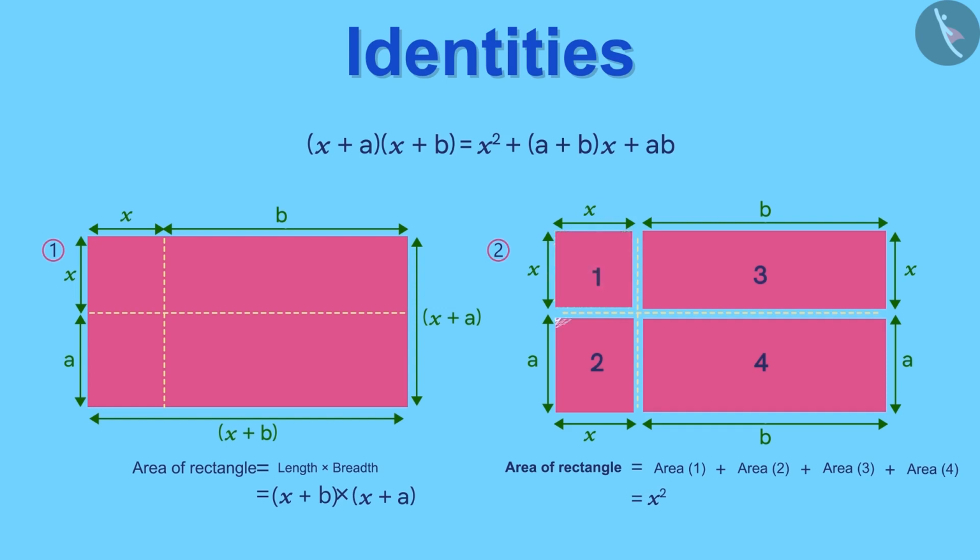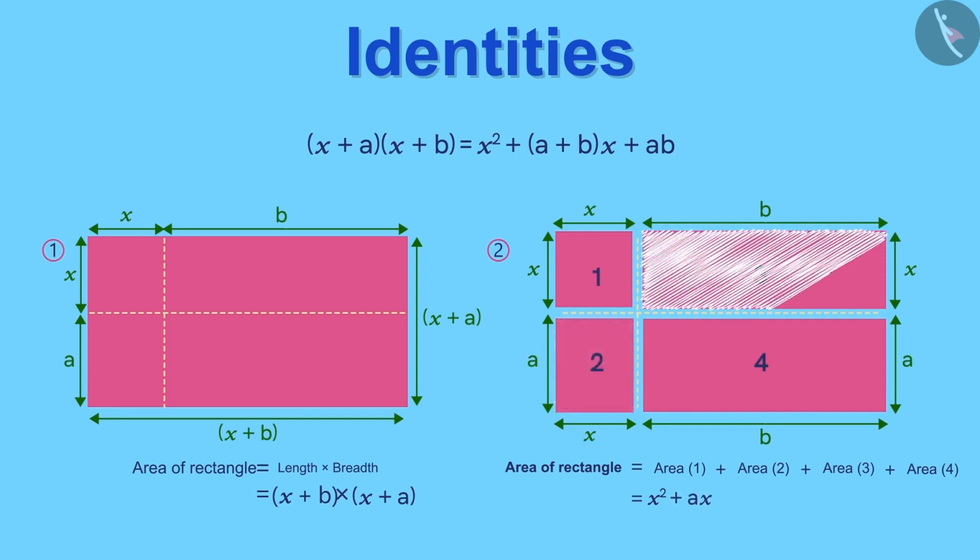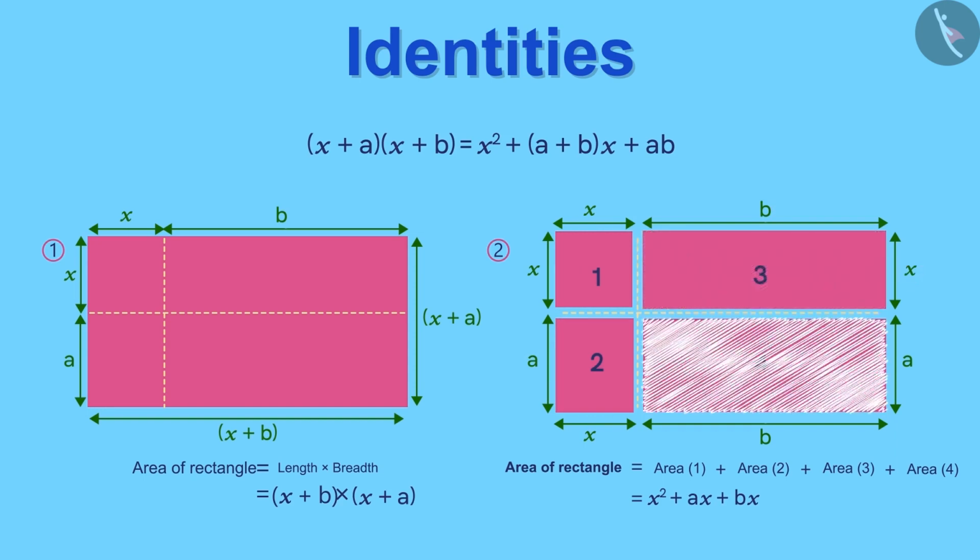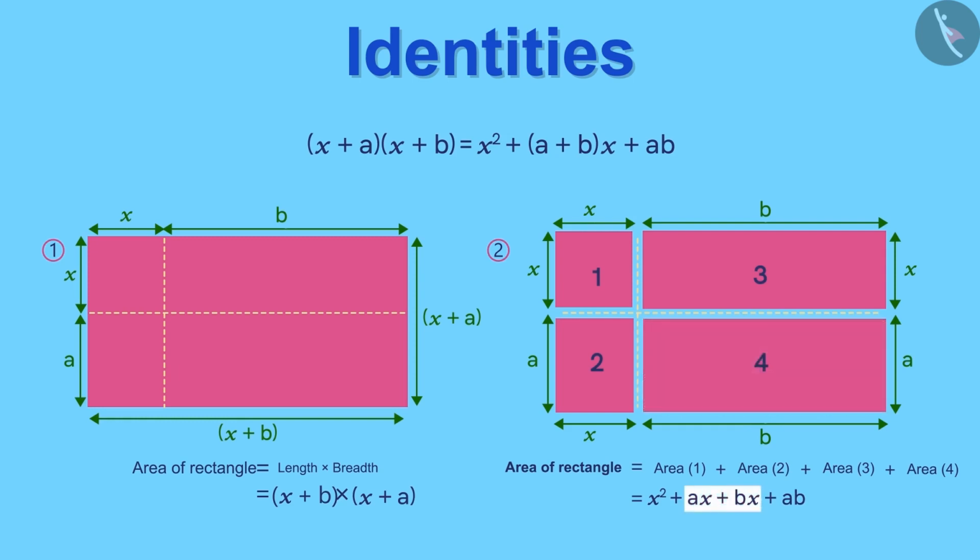Similarly, area of the second part will be a times x, area of the third part will be b times x, and area of the fourth part will be a times b. Taking x as common from the middle 2 terms, we will get the final answer as this.